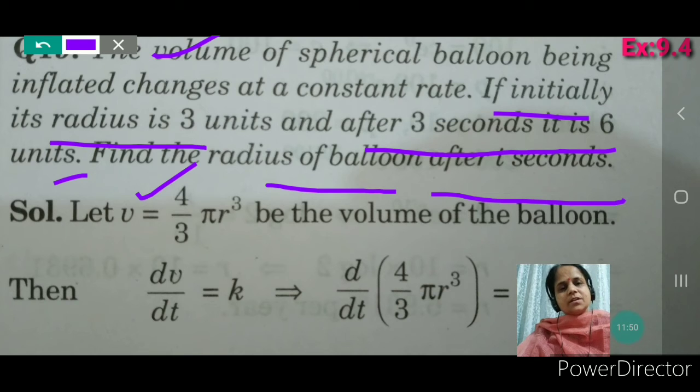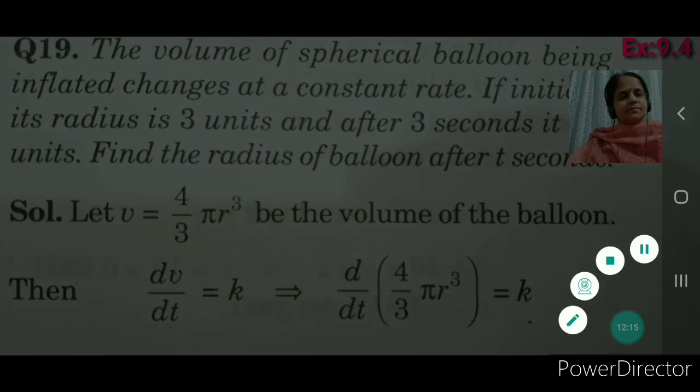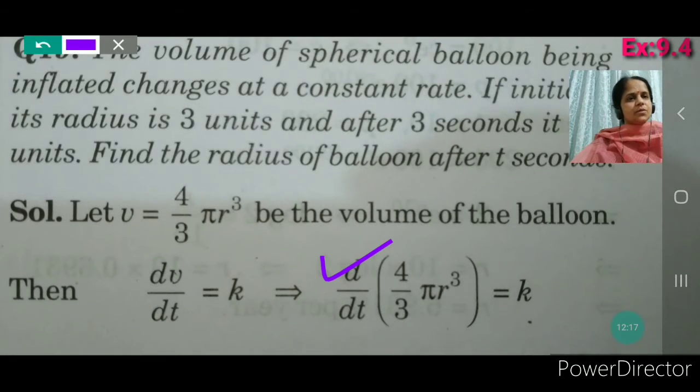Here the volume is V is equal to 4 by 3 pi r cube. So then dV upon dt is equal to k. Okay, here d upon dt of the volume, 4 by 3 pi r cube, is equal to k.